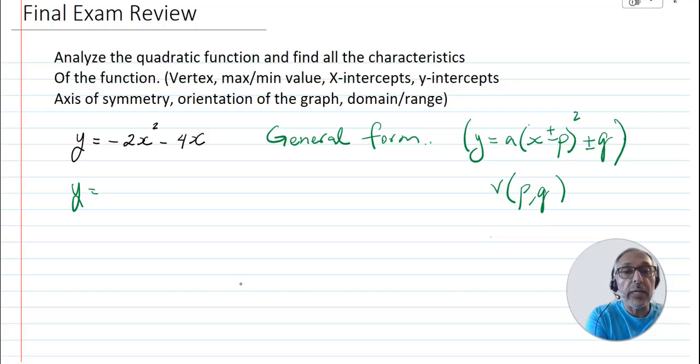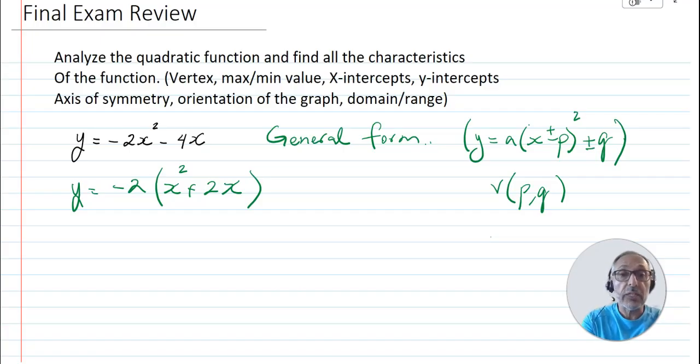So the first thing we're going to do is factor the -2 out of the highest term, the leading coefficient, x squared. That's what we're going to do first, and we're going to leave everything else alone. Okay, so I just factored -2 out, and what I have is x squared plus 2x.